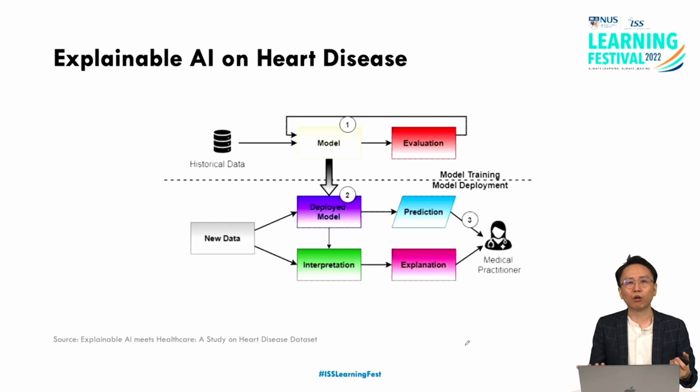The deployed model produces predictions, and the explainable AI uses the data and the prediction to produce an explanation that can be consumed by medical practitioners to validate the predictions made by the AI model. Let's have a quick understanding of the 13 features of the dataset before we see the explanations made by an explainable AI module.